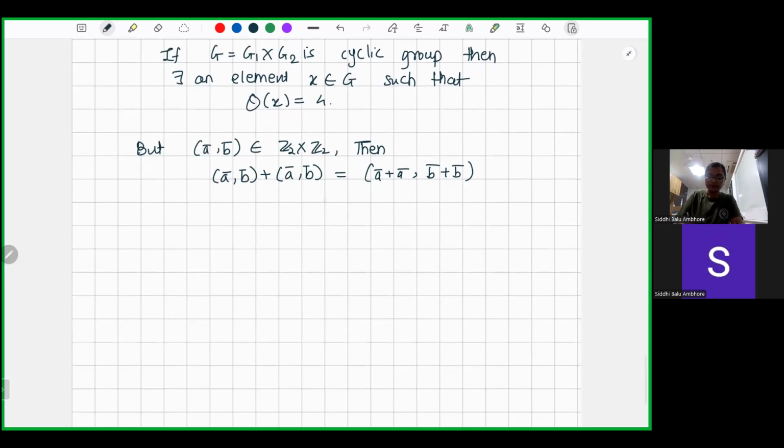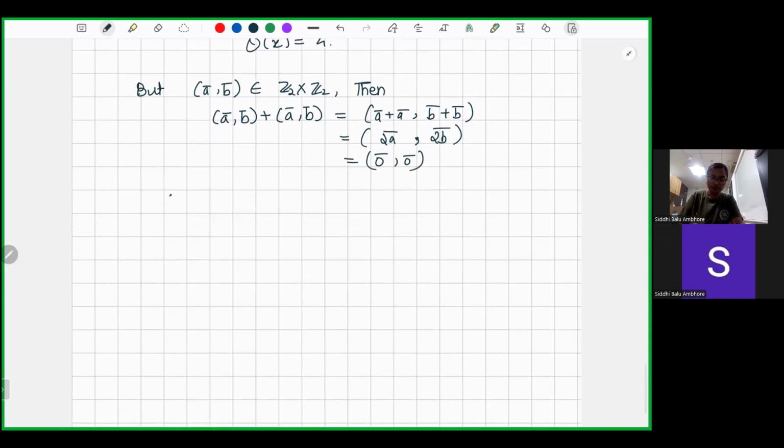Then this will be 2a bar, 2b bar, and this is 0 bar comma 0 bar. So therefore the order of any (a bar, b bar) is less than or equal to 2. I'm not declaring anything about what the order is, but if at all there is any order, then it will be less than or equal to 2. That's what we are getting from here.